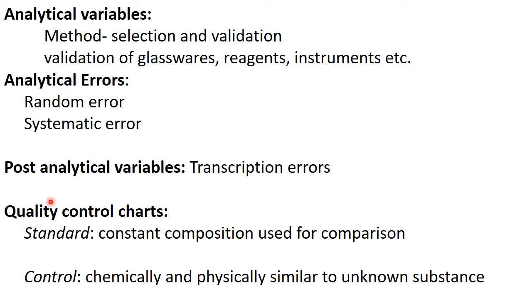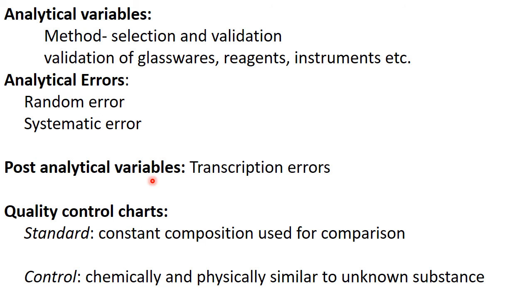So we have finished with pre-analytical and analytical variables. Now coming on to the post-analytical variables. Post-analytical variable is mainly due to transcription errors. This can be avoided by verifying the results entered manually or through online instrument interface by the reporting or signatory analysts before the results are reported or dispatched.